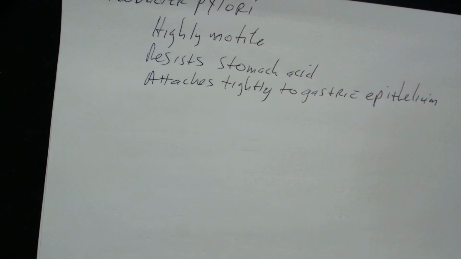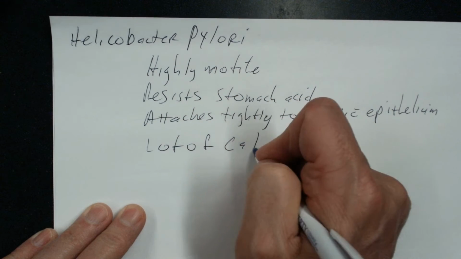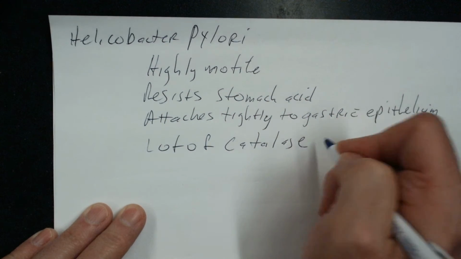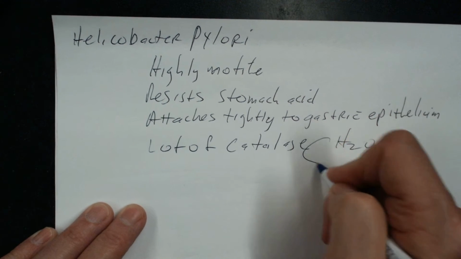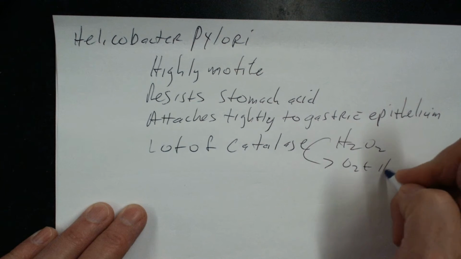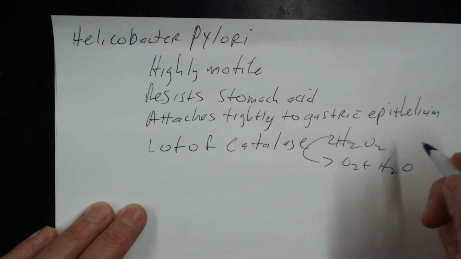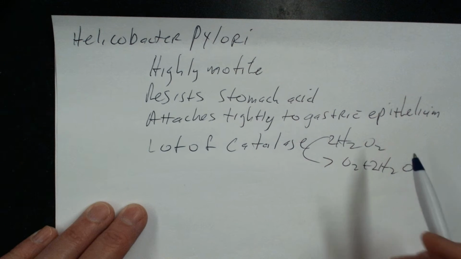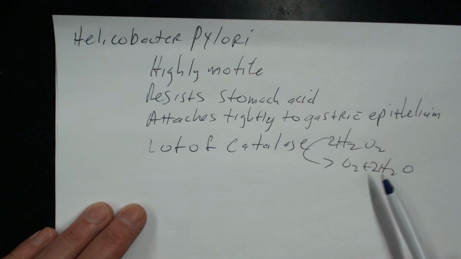All important for the way this organism causes disease. Oh, this organism too makes lots of catalase. So if white blood cells try to kill it with peroxide, that hydrogen peroxide gets converted essentially to water and molecular oxygen.